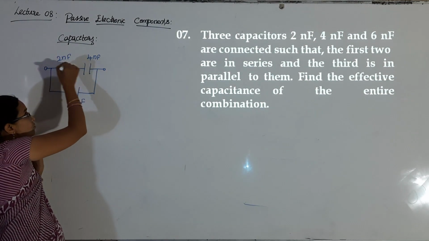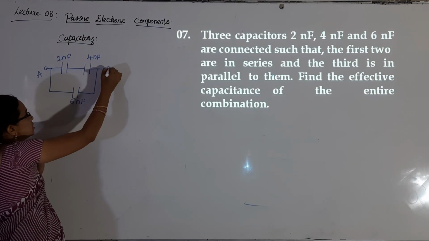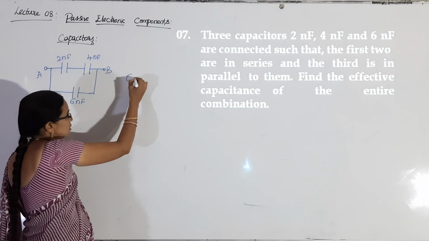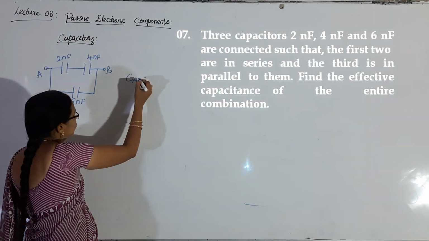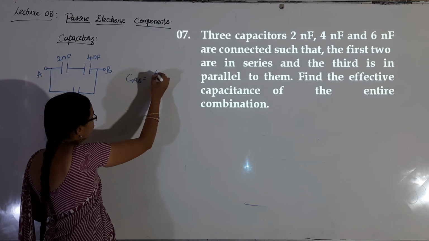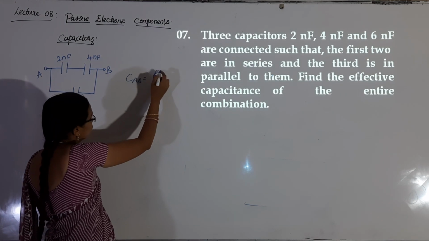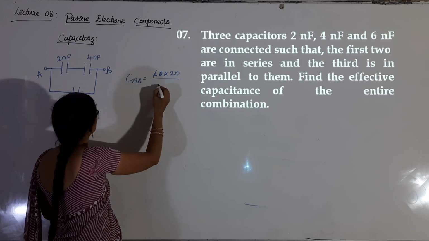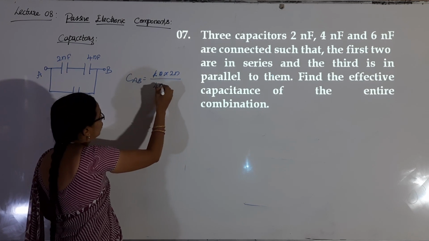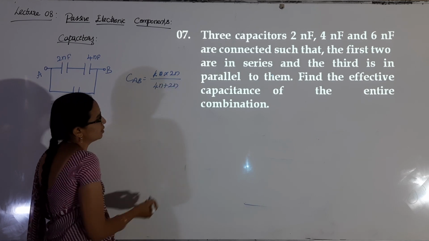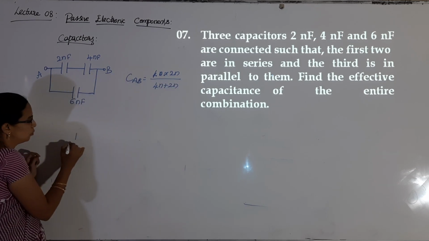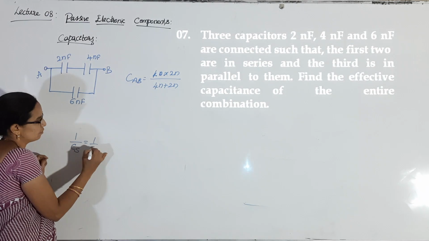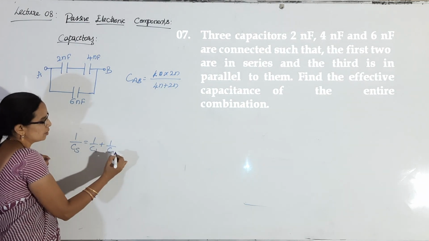For this, first I'll name this as A and B. CAB is equal to 4 nano into 2 nano divided by 4 nano plus 2 nano. How will you get this? If C1 and C2 are in series, 1 by Cs is equal to 1 by C1 plus 1 by C2.